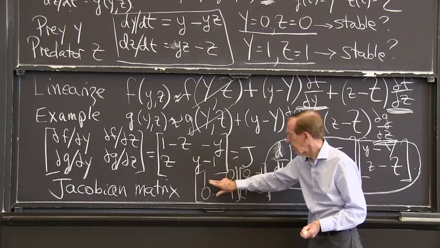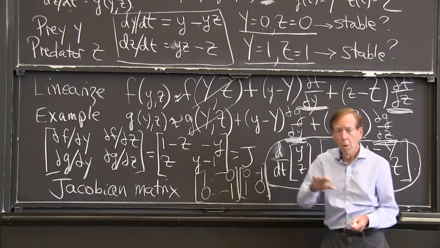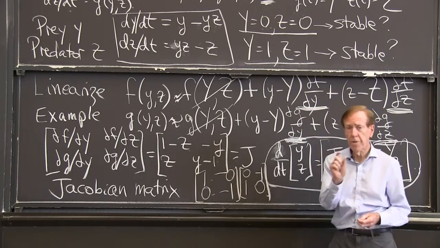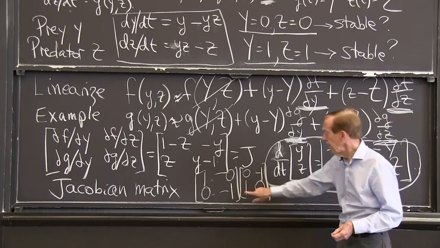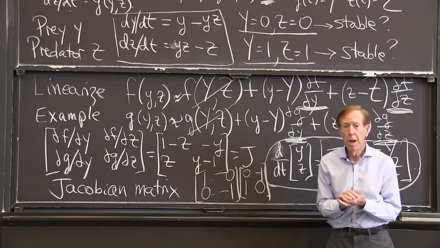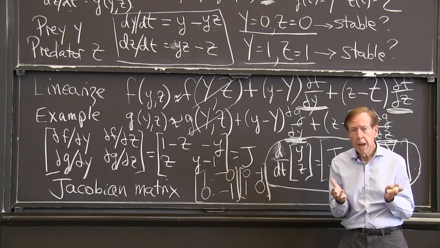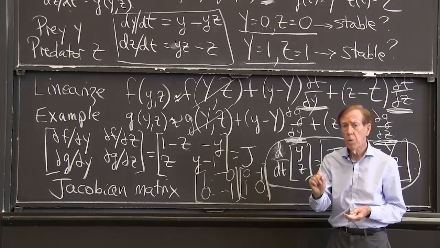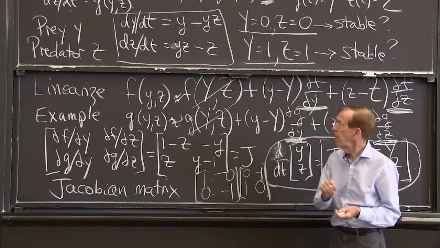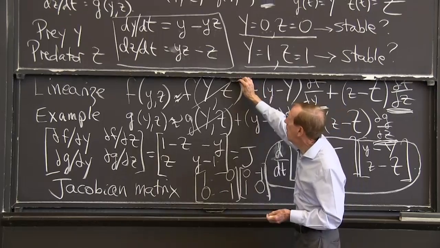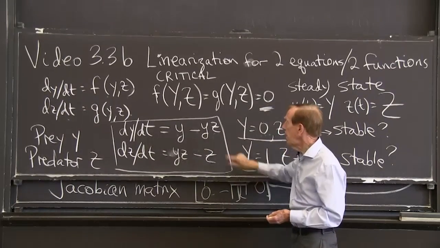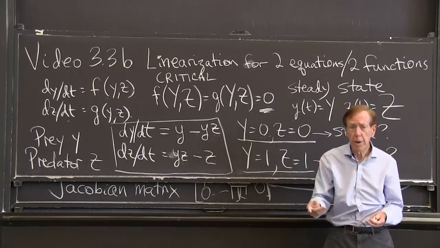That's telling me that the rabbits grow, because the rabbits are the first, the y, and the foxes decay. And that's what's happening when the two populations are really small. When the two populations are really small, multiplying them together is extremely small.